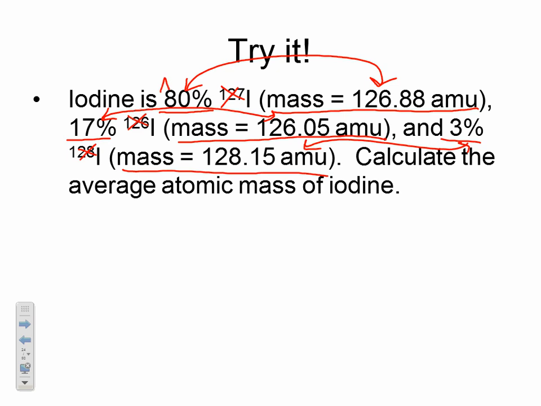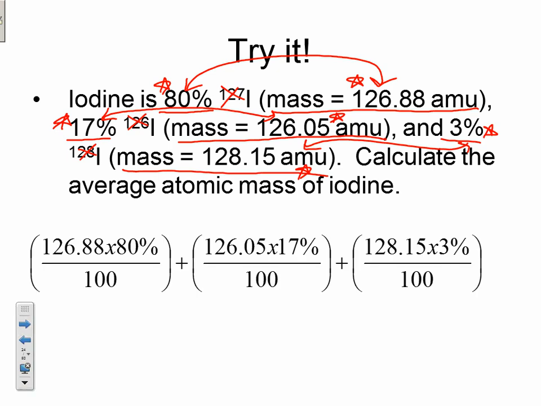So we're going to do 80 times 126.88 divided by 100 plus 17 times 126.05 divided by 100, plus the same thing for the last isotope, 3 times 128.15 divided by 100.